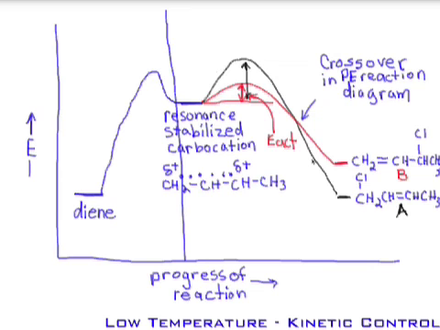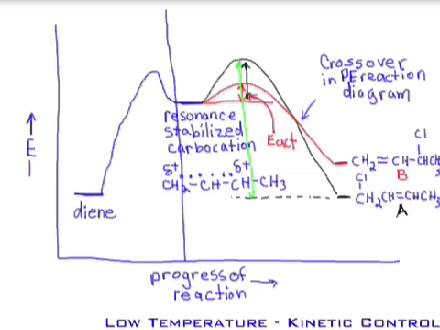At extremely low temperatures, the reverse path is not possible. The energy of activation for the reverse, going backwards, measured from here. Okay, I'll use a different color again. Here's the energy of activation for the reverse path. That's huge. So at extremely low temperatures, you can't go backwards. So once you're over this hill, you're stuck, and more molecules make it over to B, which is red, than to A. So at low temperatures, B will predominate.